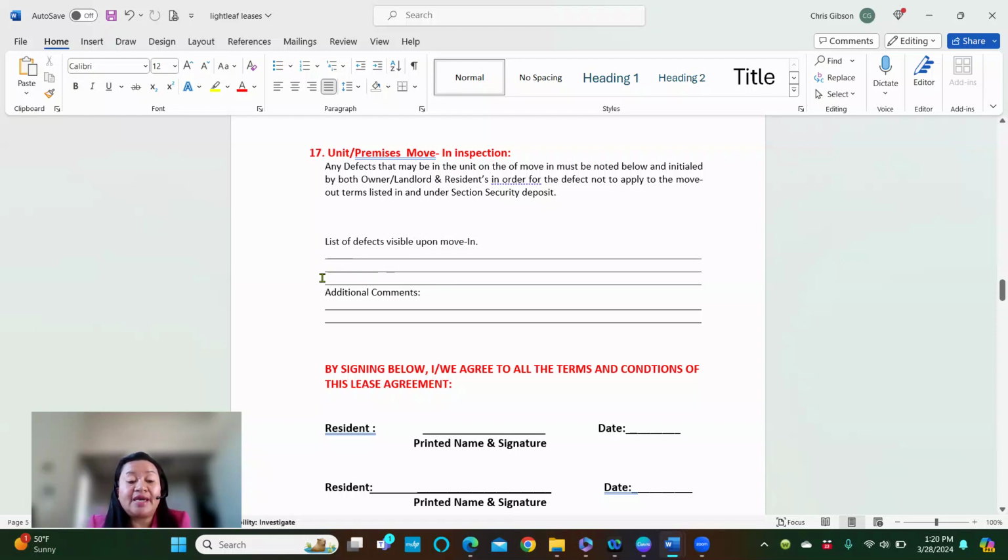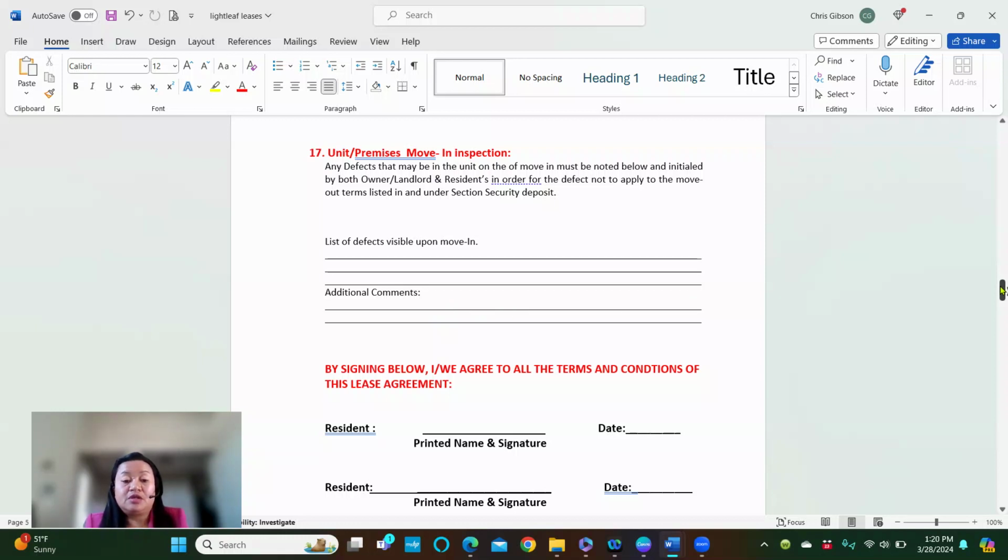If they see any defects or damage, we write it down here, noting the damages upon move-in, and they can put any additional comments over here.